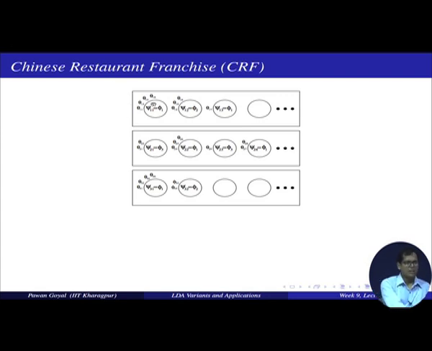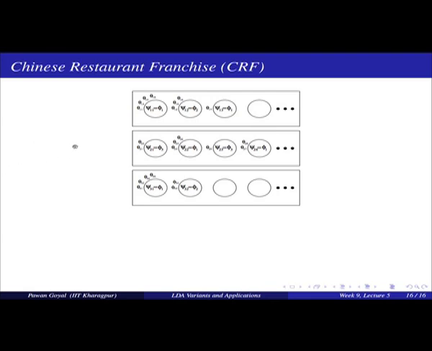In this first restaurant, customers are coming in: theta 1,1, theta 1,2, theta 1,3 and so on. Theta 1,1 sits at table 1, theta 1,2 sits at table 2, theta 1,3 at table 1, 1,4 at table 1, 1,8 at table 1, 5, 6 here, 7 here and so on. So there are certain assignments that are given to these customers. Similarly here, theta 2,1 and 2,2 sit here, and 2,3, 2,4, 2,6 sit here.